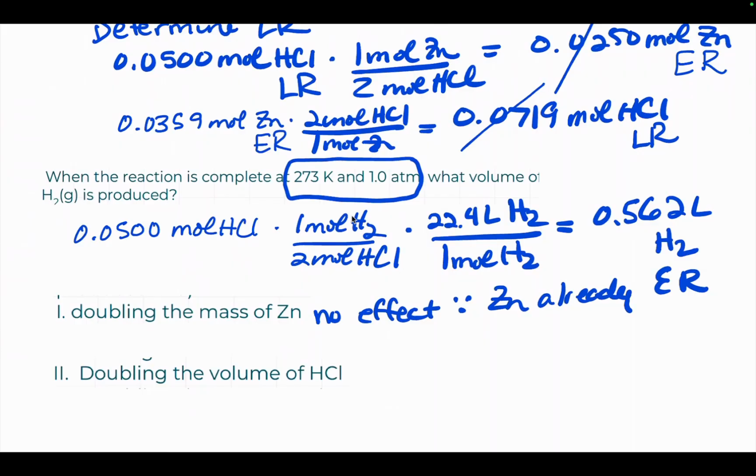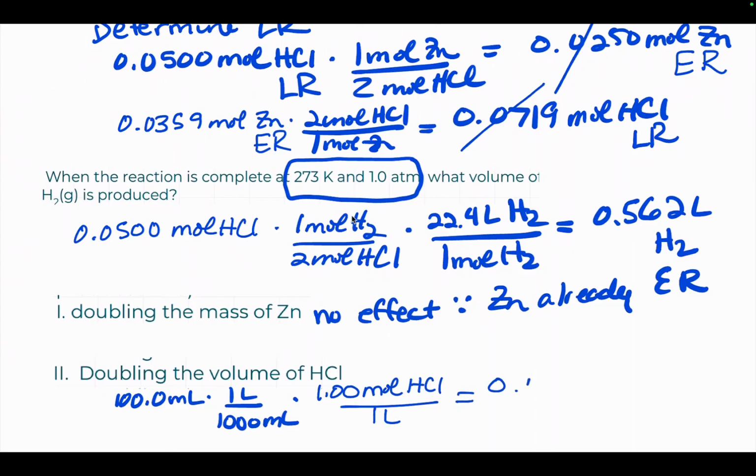But the next question, if we double the volume of the hydrochloric, so instead of 50 mL, we have 100 mL. We want to redetermine which is our limiting reactant and which is our excess. So this gives me 0.1 moles of hydrochloric.